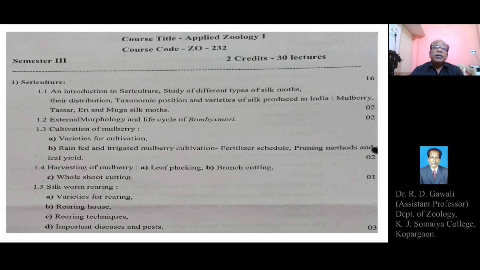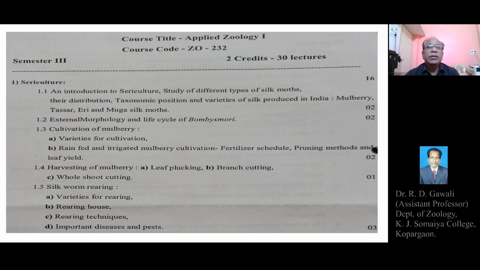So these 4 type of silk moths having several species and which are adopted for the Indian agroclimatic conditions that are grown for the purpose of sericulture, and these are mulberry silk moths, tussar silk moth, Erie silk moth, and the Muga silk moth.